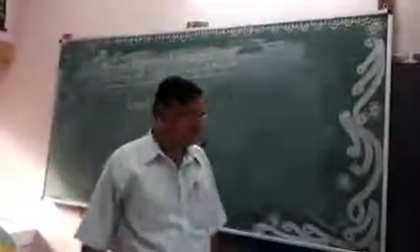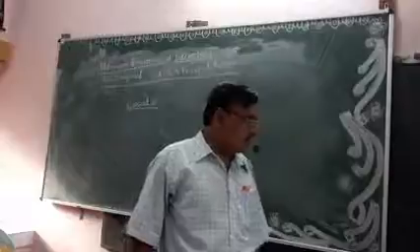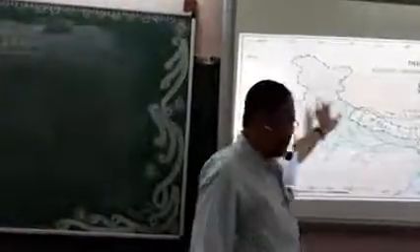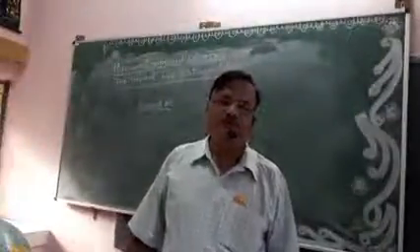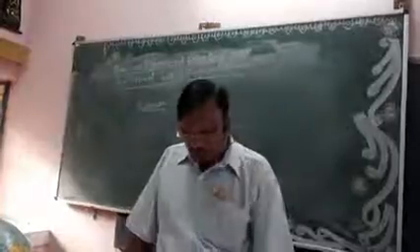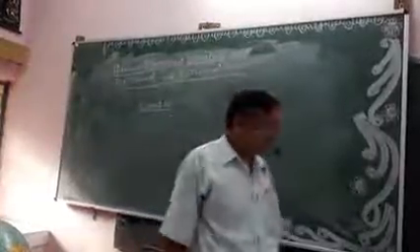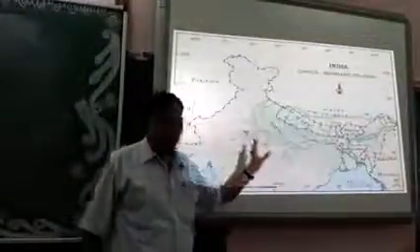As I told, there is a mountainous region, and the rivers flowing from these mountains are perennial rivers. What do you mean by a perennial river? A perennial river is a river which flows throughout the year. So perennial rivers are draining, and not only these two rivers, the tributaries of these rivers also make up this basin.